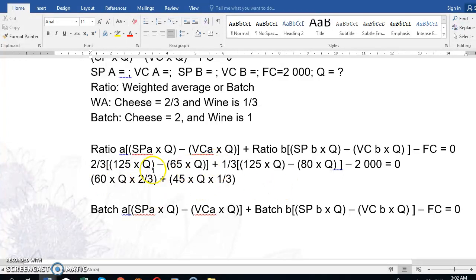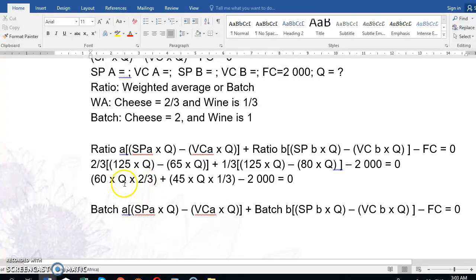To recap, that big bracket becomes this, and this big bracket becomes that, and then we still say minus the 2000 is equal to 0.